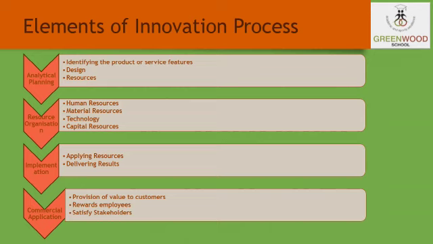Resource organization involves human resource, material resource, technology, and capital resource. Implementation involves applying resources and delivering results, while commercial application involves provision of value to customers, rewarding employees, and satisfying stakeholders.